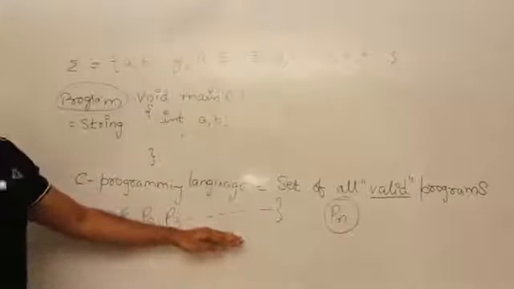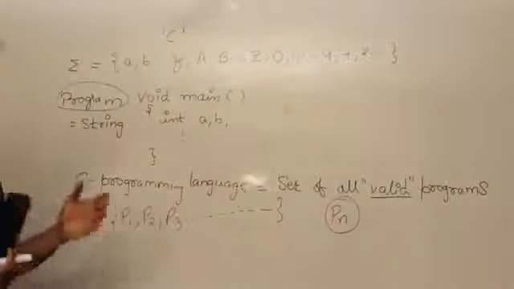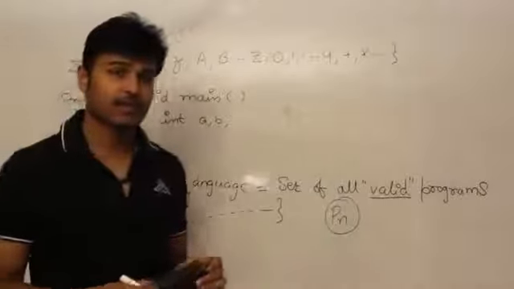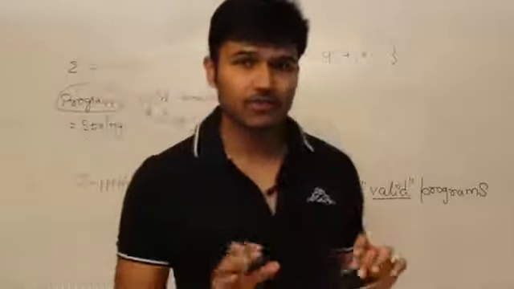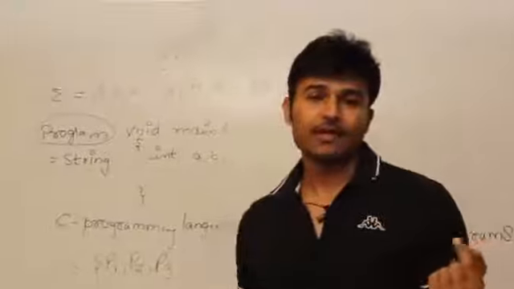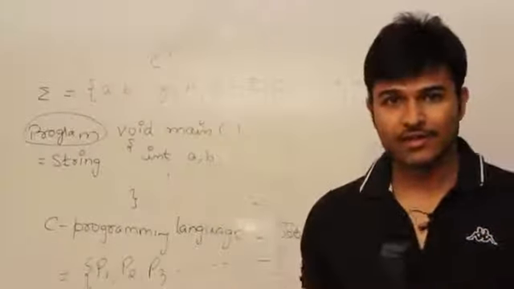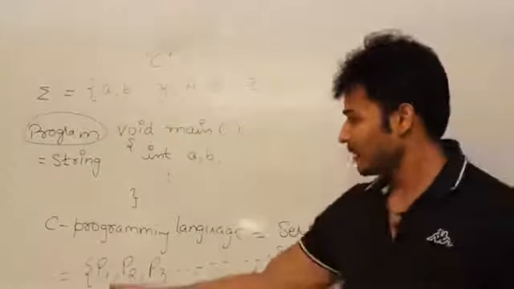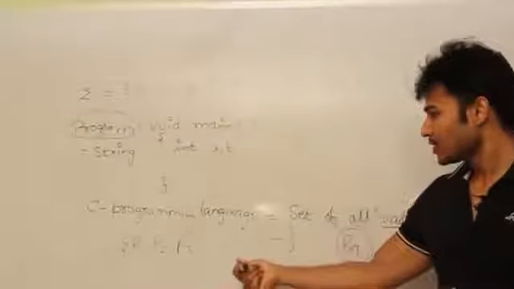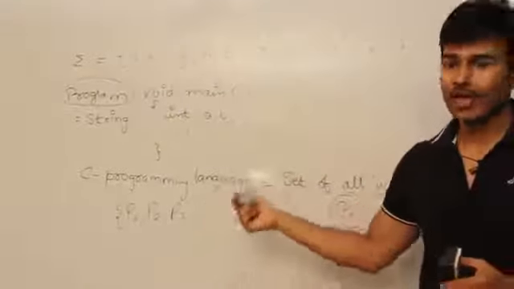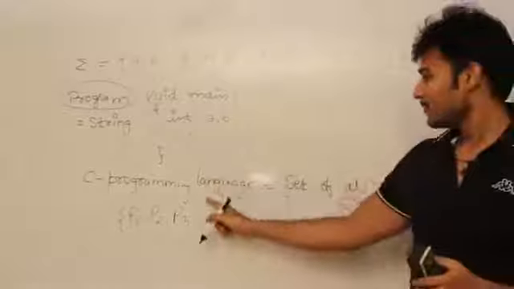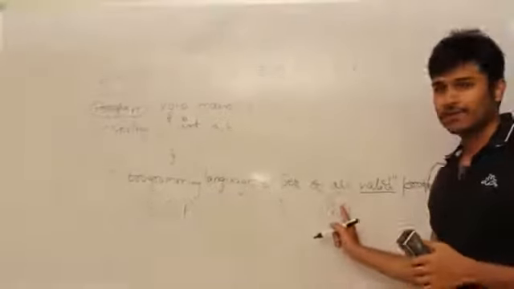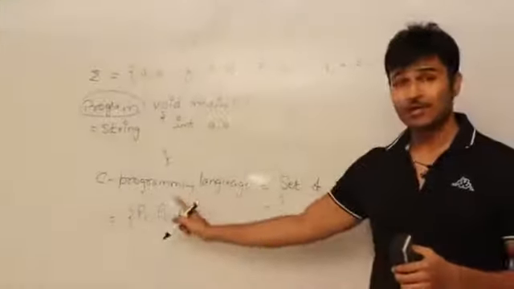Now the question is, how can I find out whether a given string is in the language or not? Or let's go to the C programming language. How can you find out that a program is valid, and that there are no errors in the program? Maybe the naive answer is, save the set of all possible programs on a computer, and then just check if this program Pn is a part of those programs or not.